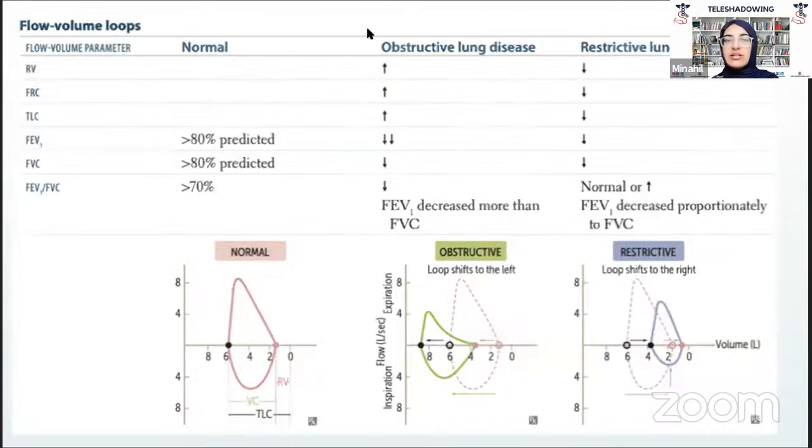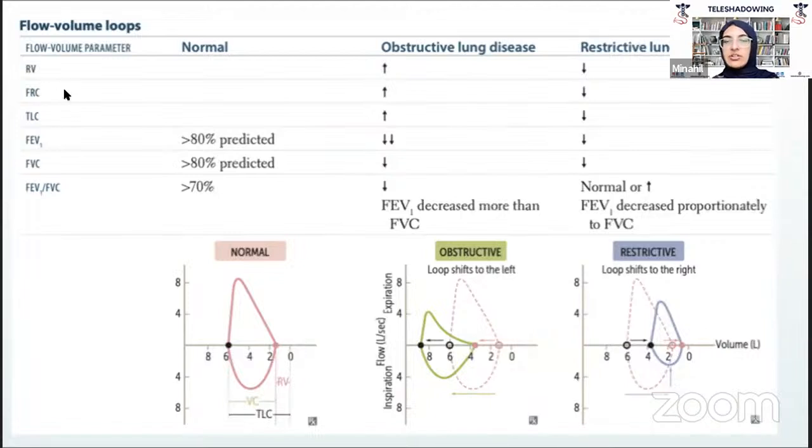So here's the normal, here's obstructive, and here's restrictive lung disease in flow volume loops. The RV here is the residual volume. Remember, residual volume is the volume of air remaining in the lung after maximal exhalation.